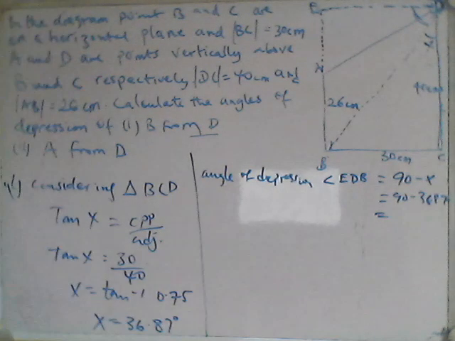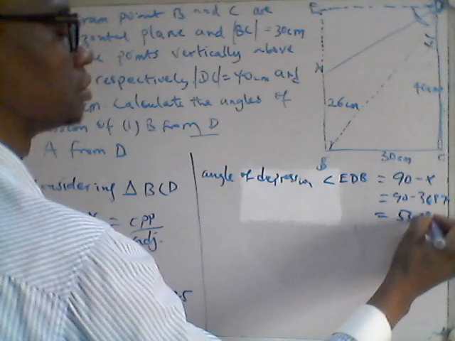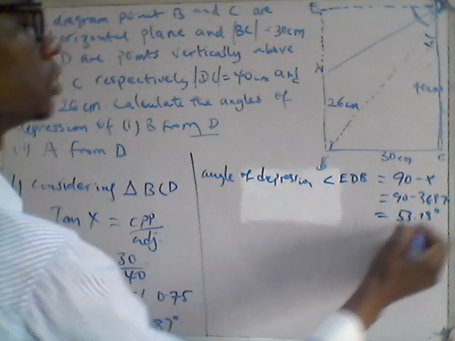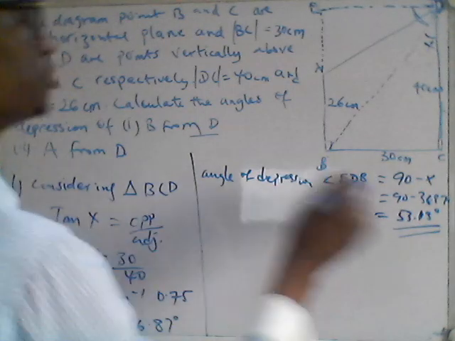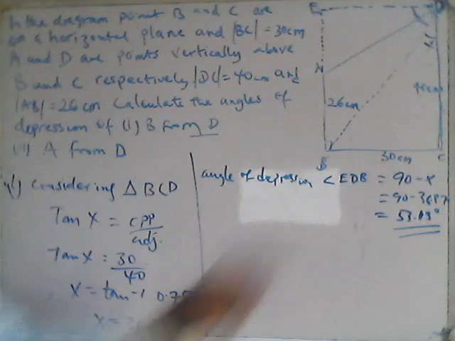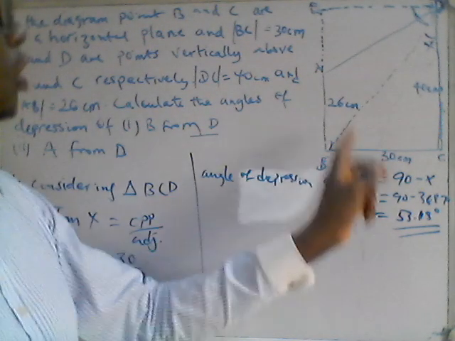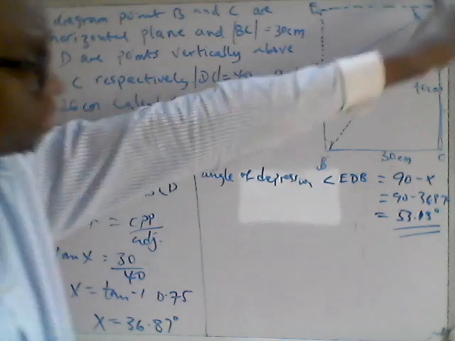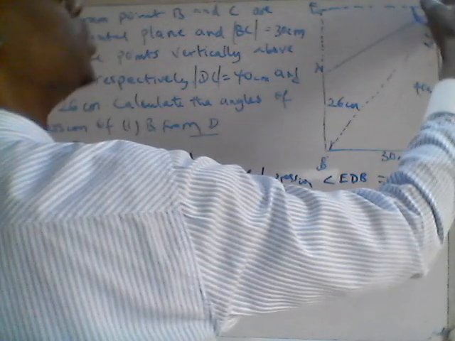So the answer will give me approximately 53.13. But they say we should get the approximate value. Okay, well, so this is the angle of depression of point B from D.